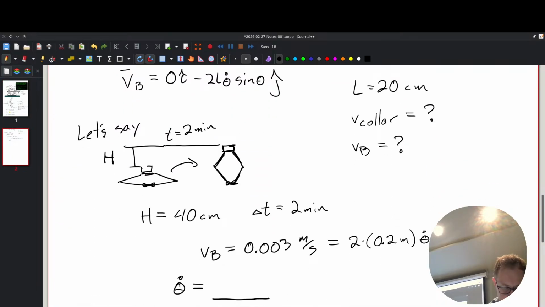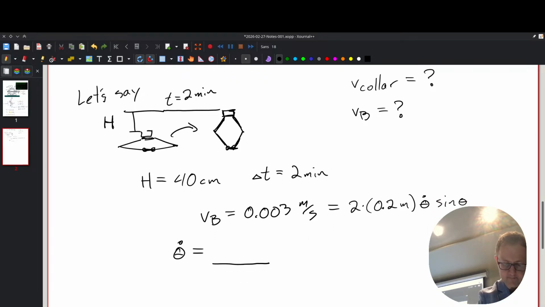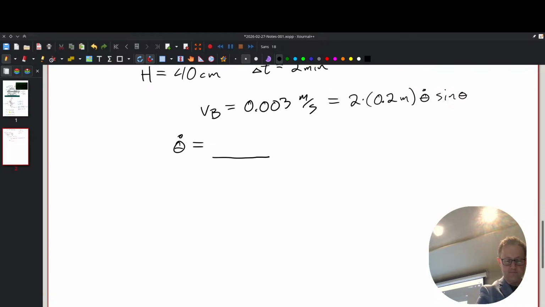No, sine. There we go. So we can write that one out. Should it be negative 2 times 0.2? That one should be negative, yeah. Negative, like that.